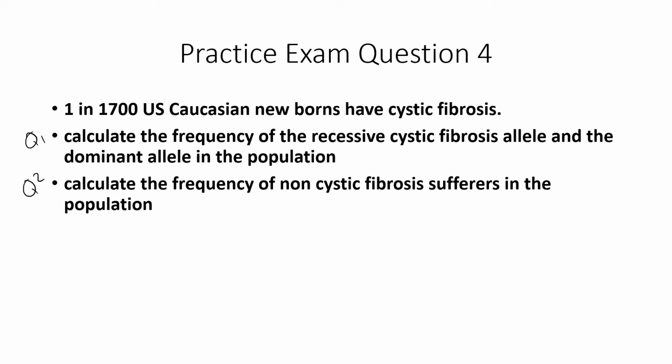So calculating the frequency of the recessive cystic fibrosis allele, well, there it tells us that cystic fibrosis is recessive. Not in the easiest way they could have put it in an exam, but they have clearly stated that it's recessive. They haven't given us any particular letter to use for cystic fibrosis, so again we can make our own up. If you were feeling brave and wanted to go with C or F, be very careful in how you write those.